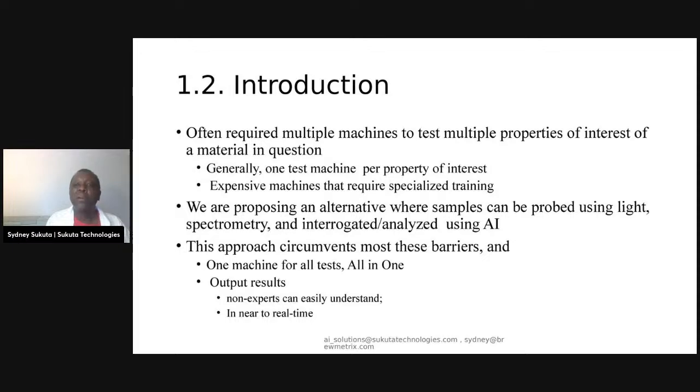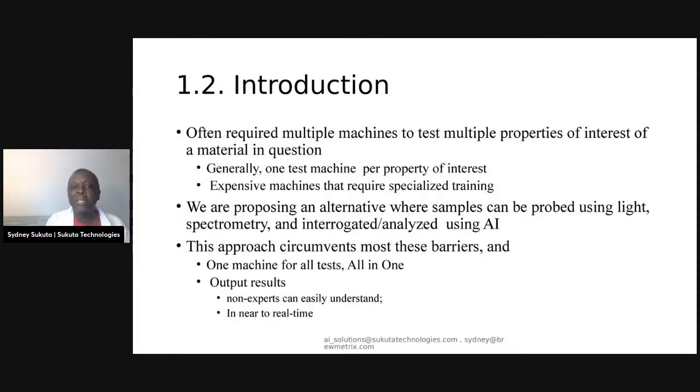We are proposing an alternative to this, where we can use light through spectrometry to interrogate samples and get their molecular information. After that, the molecular information is run through AI algorithms I'll discuss here to extract exactly what you want. Say maybe you want to know what type of water you have, what components are in it, any contaminants, things the traditional lab will do.